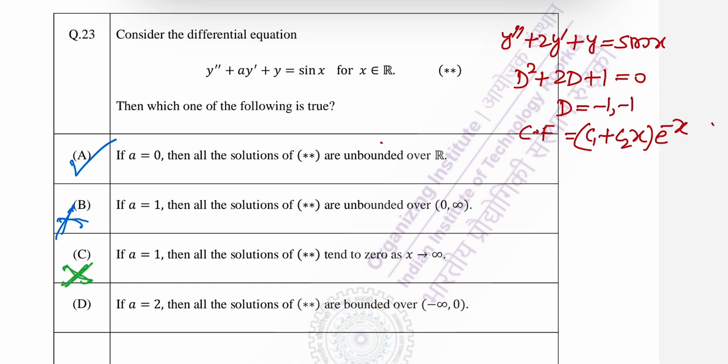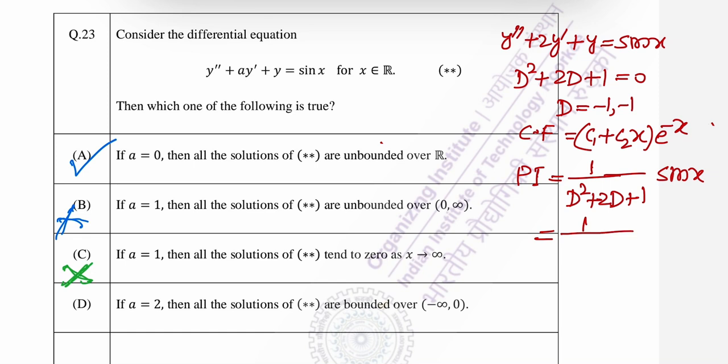So we find PI, which will be 1 by D square plus 2D plus 1 of sin x. We can place at the place of D square minus 1, because here we have sin x.